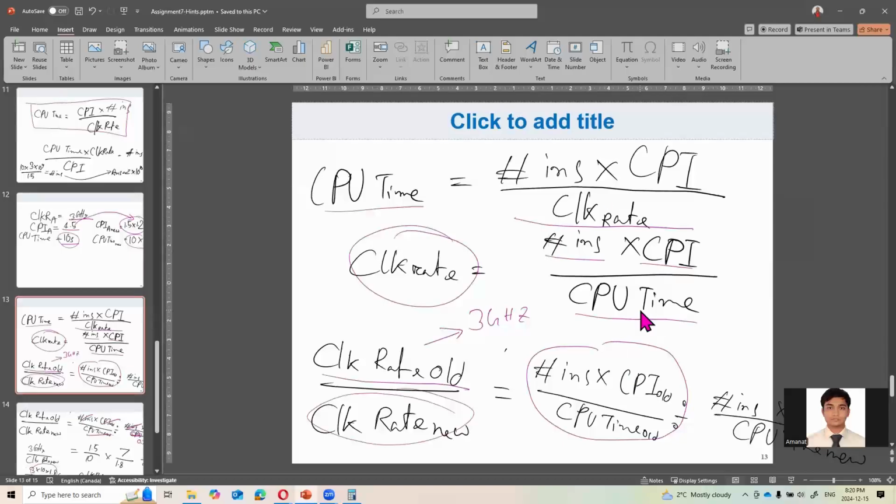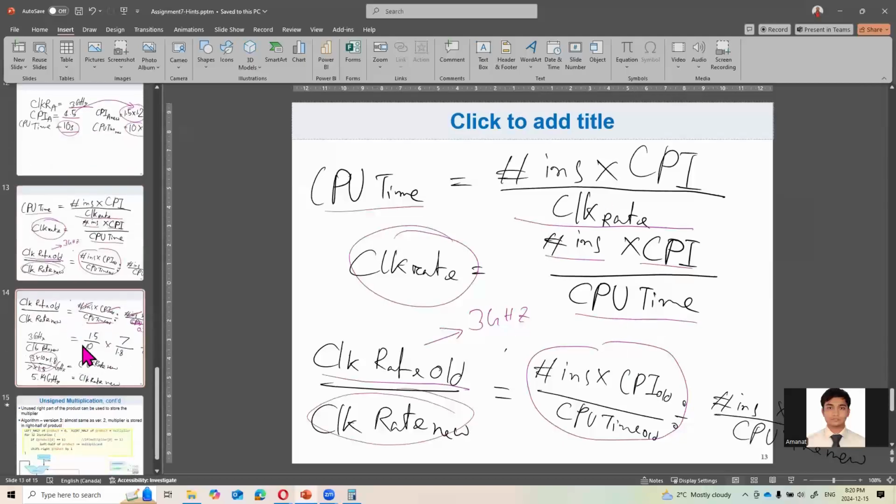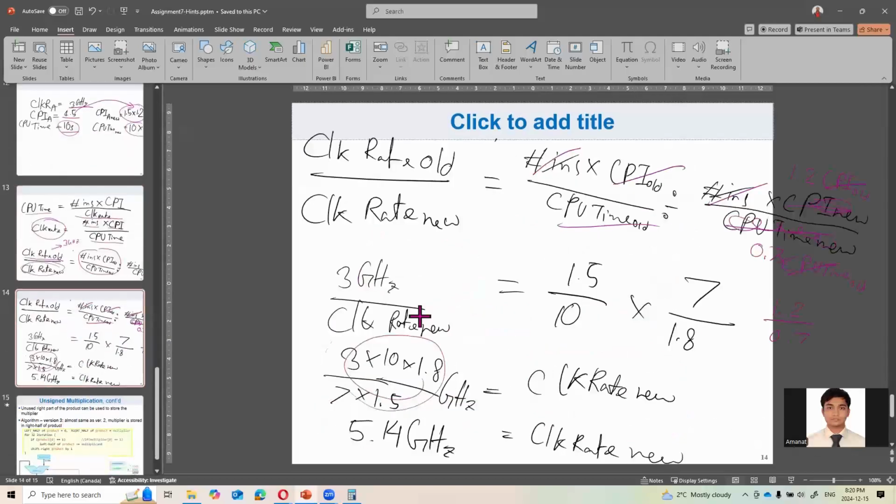You can do the same thing, but this time you're directly putting in the values and getting the clock rate new, which will result in the same result. So you can do it in different ways.